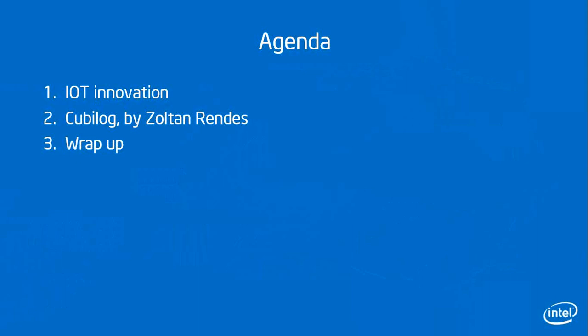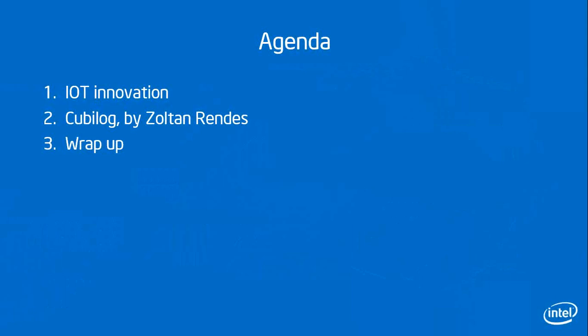Today, what we want to cover in this webinar is essentially talk about some of the innovation out there. I'll talk very briefly about some background around IoT and IoT innovation, but that's probably just a couple of minutes.